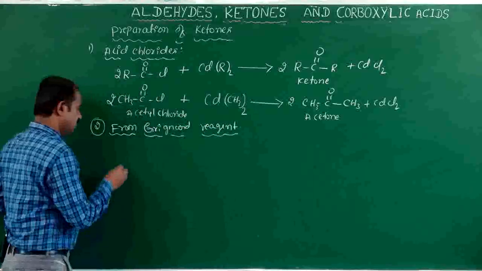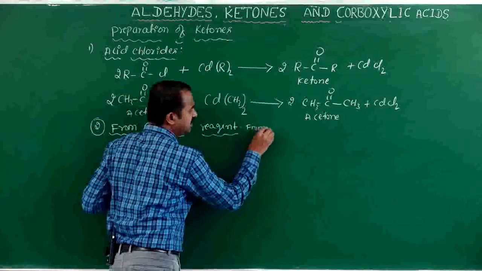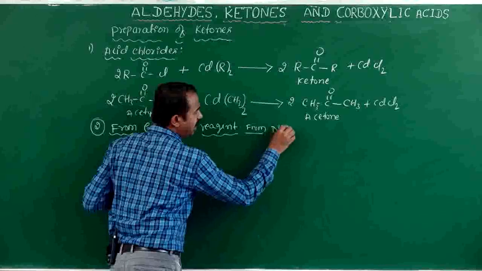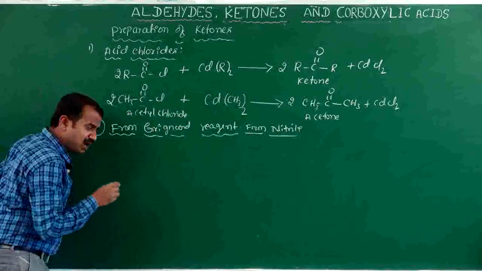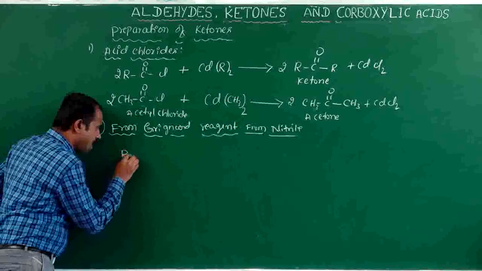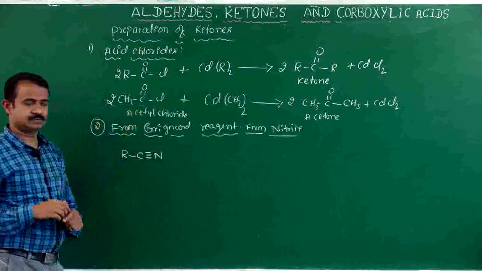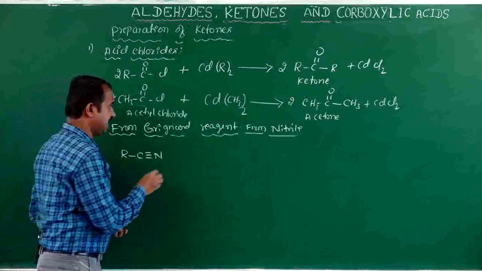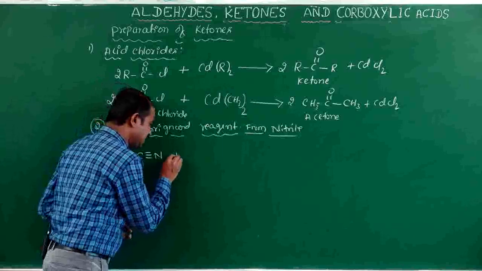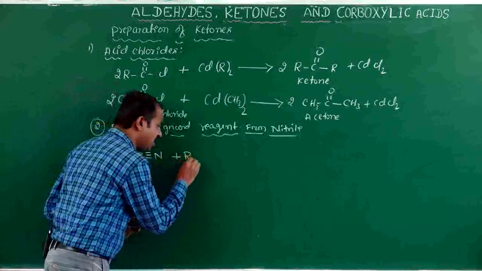From nitrile, using Grignard reagent. What is the general formula of nitrile? RCN. This is a nitrile, which reacts with Grignard reagent. What is the general formula of Grignard reagent?